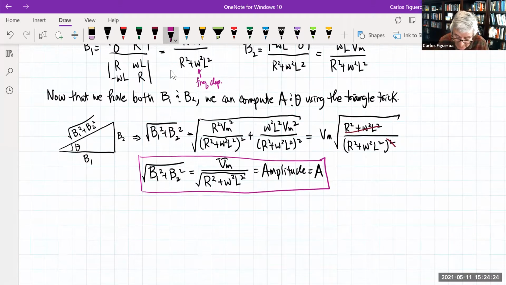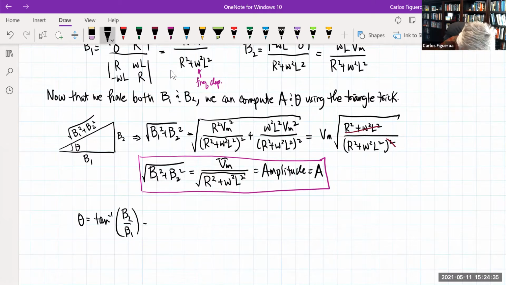So now I can do the same thing for the angle now. So if I do the angle, we know that theta, of course, is the tan inverse of, in this case, B2 over B1. So if I look at this guy carefully here, look at the denominators are the same. If the denominators are the same, it's just the numerators that are going to count.